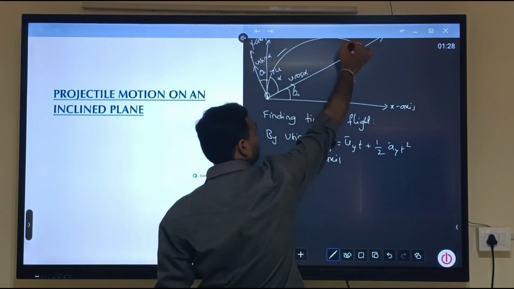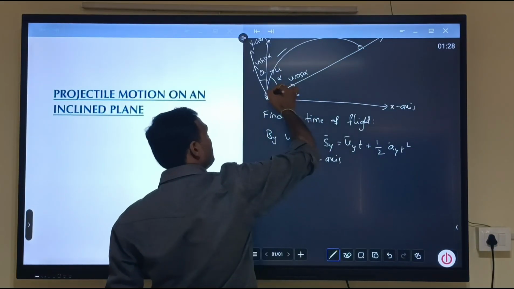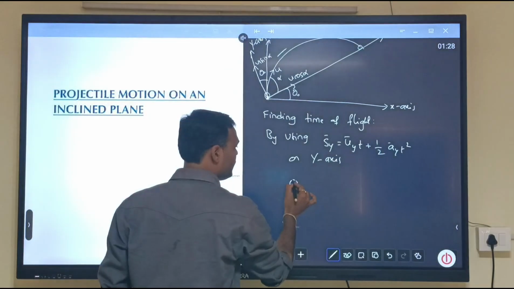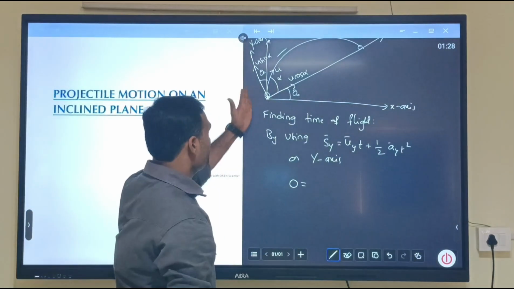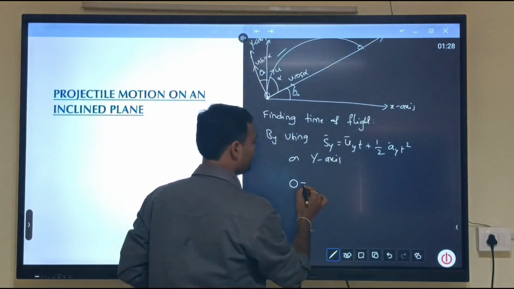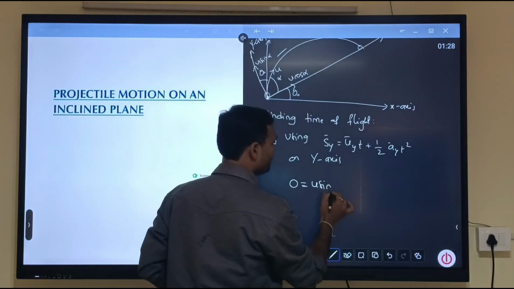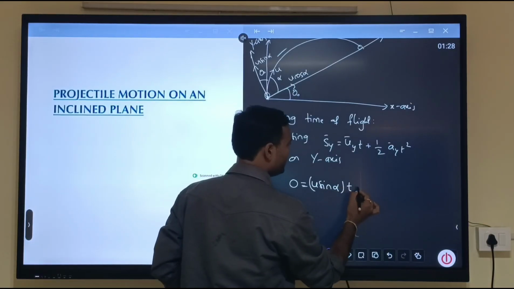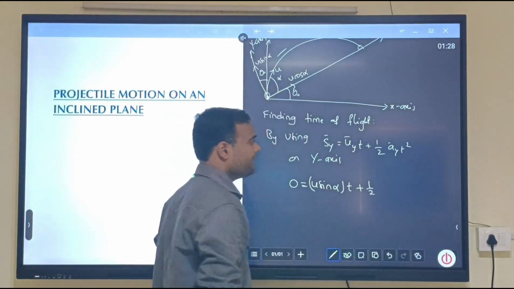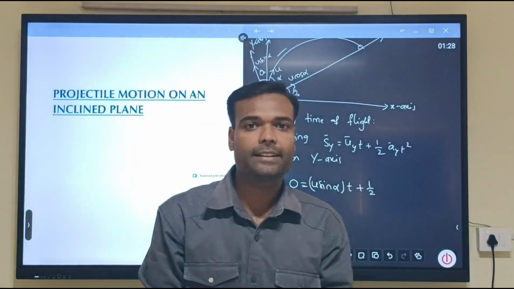Now here this is capital Y axis. Object starts its journey and falling at this point means displacement on capital Y axis is 0. Right? And initial velocity on capital Y axis is u sin alpha into t plus half acceleration on capital Y axis.